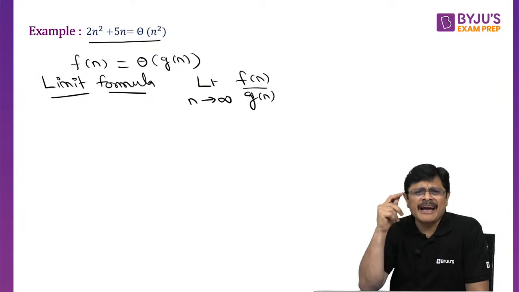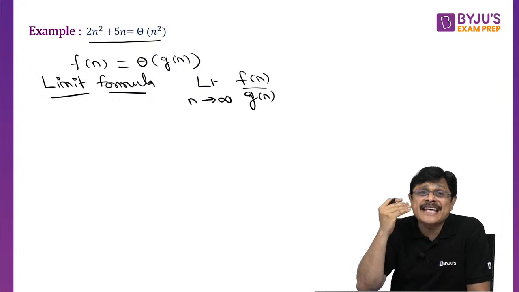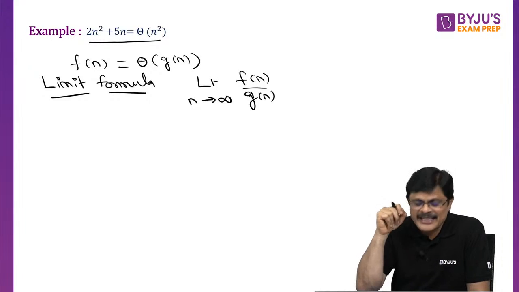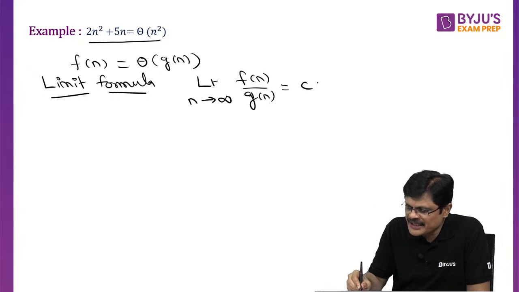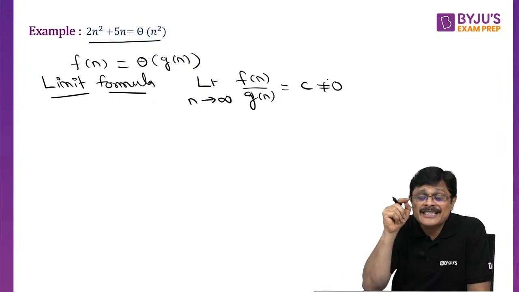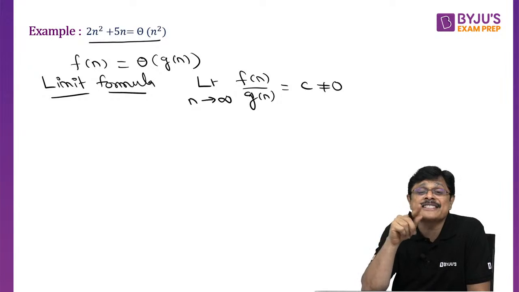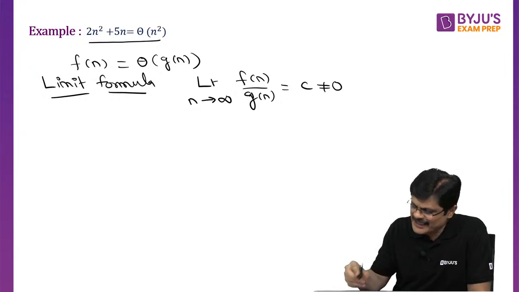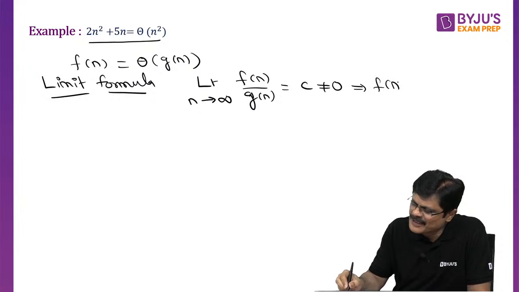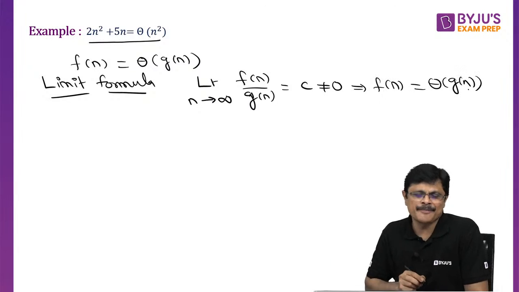Whenever f(n) and g(n) have the same order, this limit will tend to a constant which is not equal to 0. That means they are of the same order of growth. In that case, you can happily say that f(n) is big theta of g(n), my dear friends. You can use the limit formula and happily solve this problem.